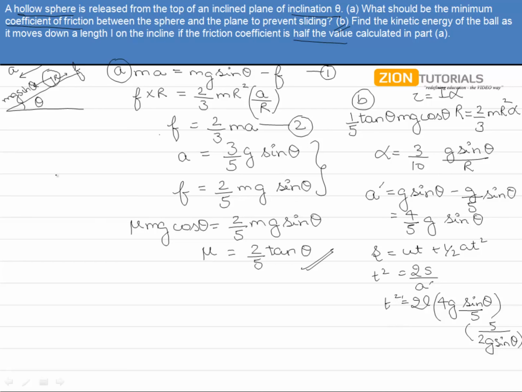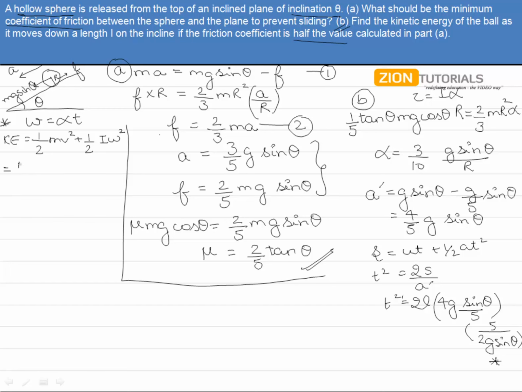Now, continuing from here, omega equals alpha into t, where alpha is the angular acceleration. Moreover, the kinetic energy is half mv square plus half I omega square. That is due to both motions, because it involves both linear and rotational motion.